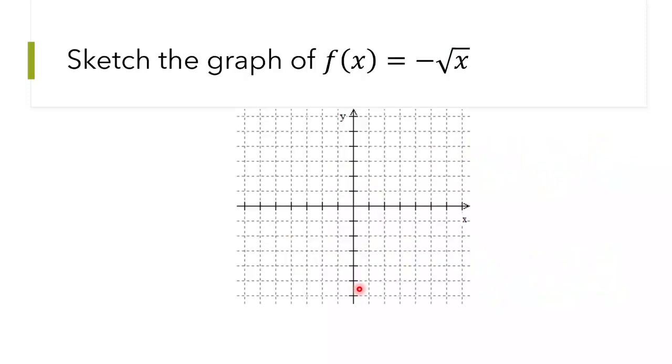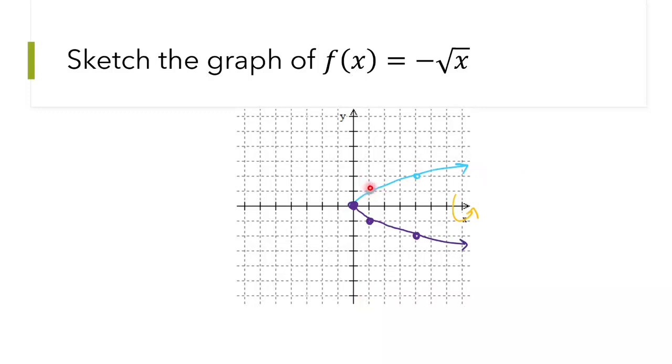So for example, if we consider the function f of x equal negative square root of x, my parent function is that square root function, goes to the origin, 1, 1, and 4, 2. The negative is outside of the square root, it's outside of the function. So I'm going to take each of these points and change the sign of the y value.